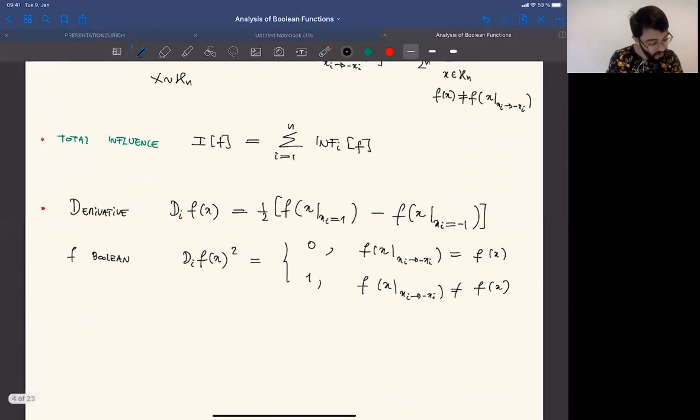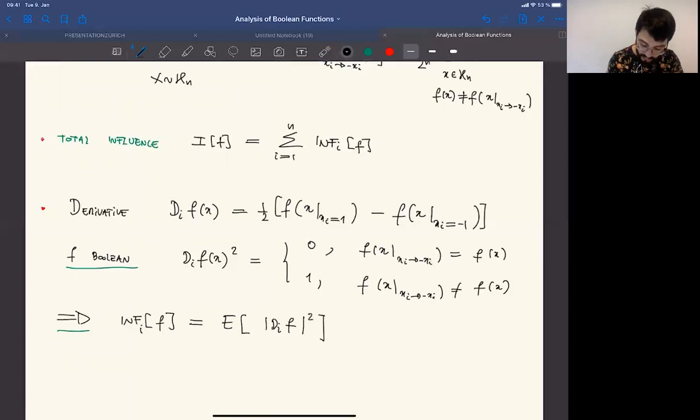Okay, and so in that way, if f is Boolean, then the influence of f is just the expectation of the modulus squared of the derivative.